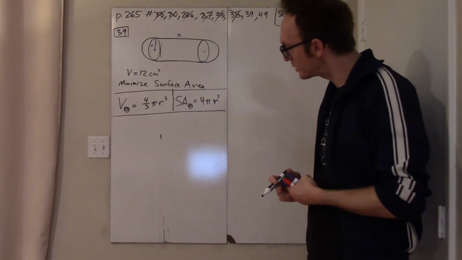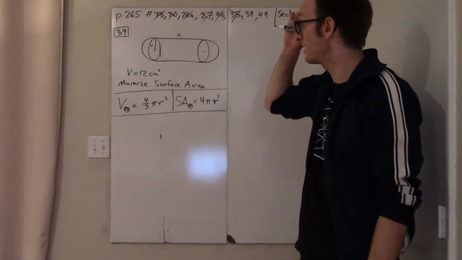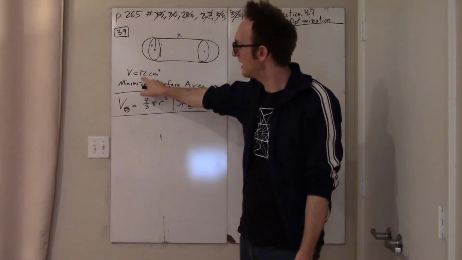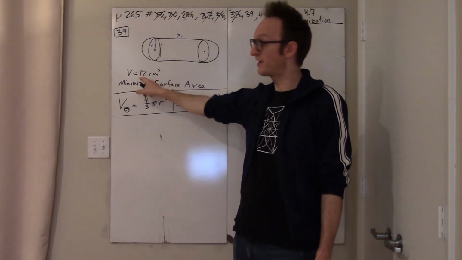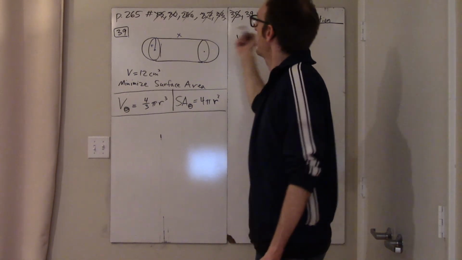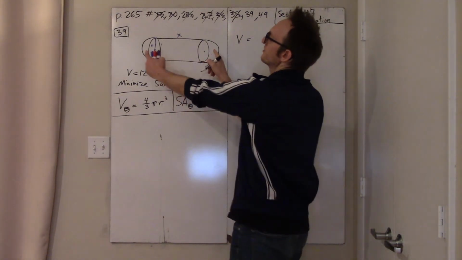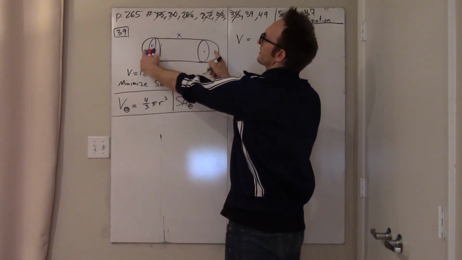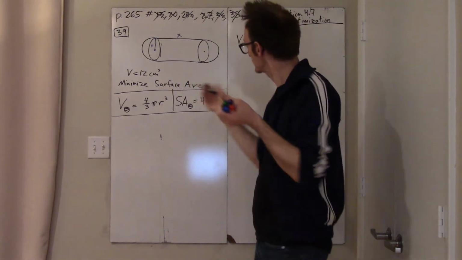If you already know those formulas, then we can write a relationship between x and r, because we know that the volume is 12. So what is the volume of this shape? It's the volume of the cylindrical portion plus the volume of the spherical portion, since one hemisphere plus the other hemisphere put together is just a sphere.